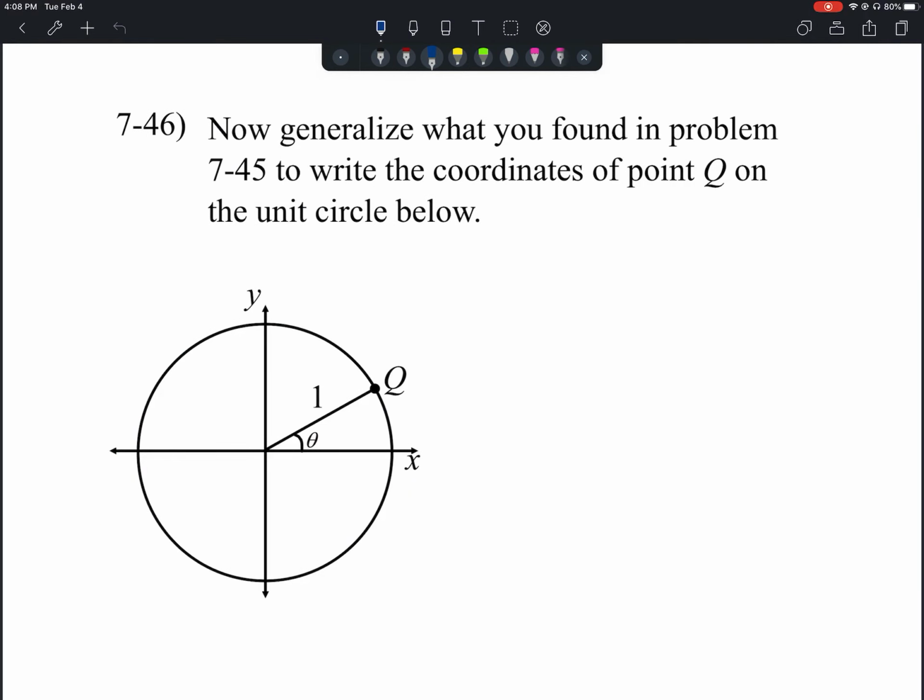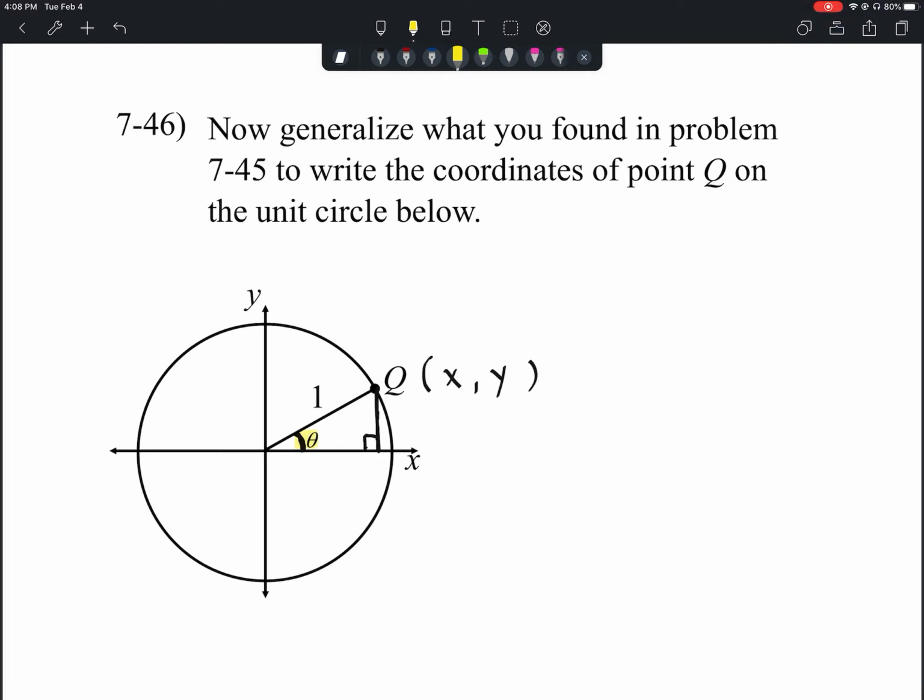Now it says generalize what you found in problem 7-45 to write the coordinates of point Q on the unit circle below. Well, remember on the last problem, when we drew that right angle, we figured out that for our x's and y's, we could find them by doing different trig functions with our angle.